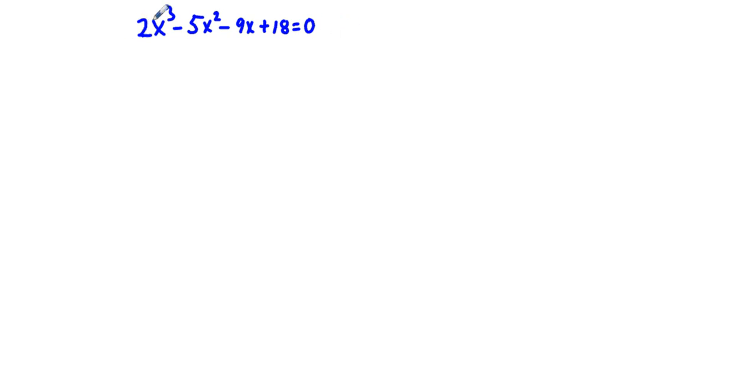So we have this equation, 2x cubed minus 5x squared minus 9x plus 18 equals 0, and we can solve it and find the solutions by graphing.